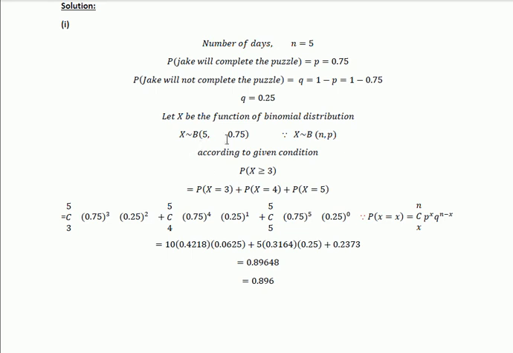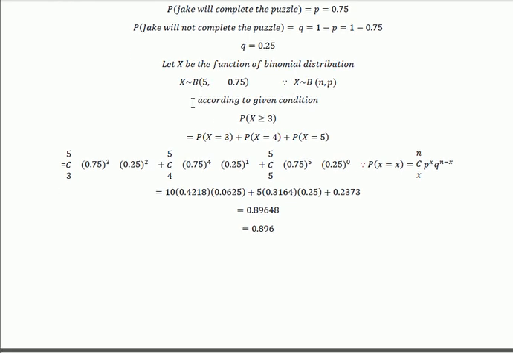Let x be the binomial random variable. According to the given condition, as there are at least 3 days, P of x greater than or equal to 3 is P of x equal to 3, plus P of x equal to 4, plus P of x equal to 5. By putting x equal to 3, we have 5C3 with the value of p and the value of q.